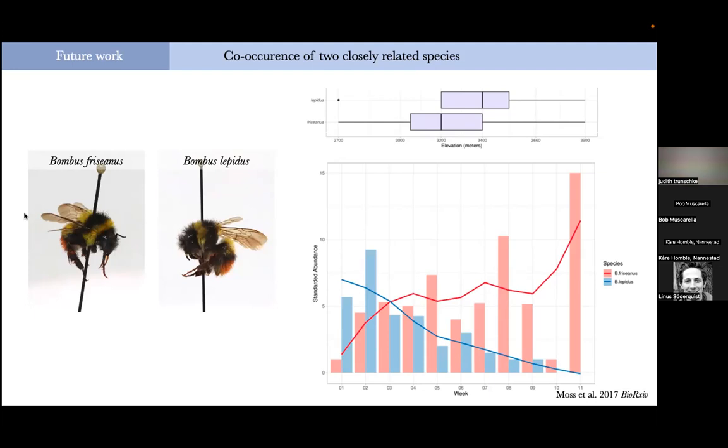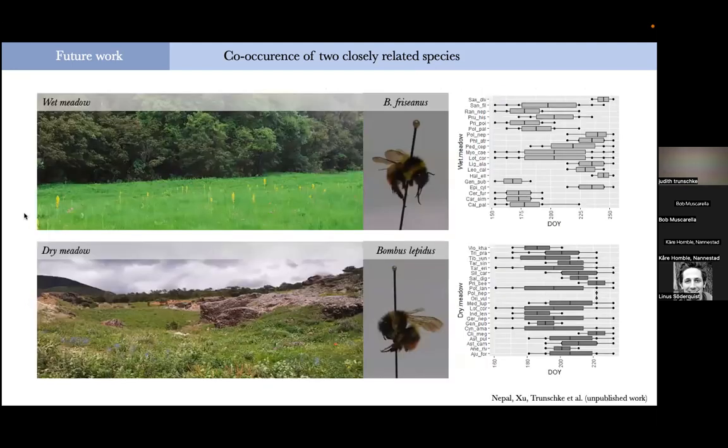But they largely co-occur. And one factor that we think could also contribute to that is that at the mid-elevational belt, we actually have dry and wet meadows. And these dry and wet meadows have different sets of flowering communities, of course, depending on the soil conditions.